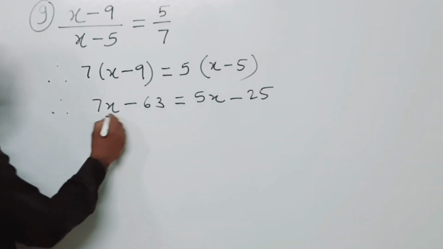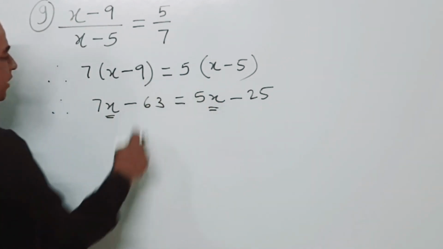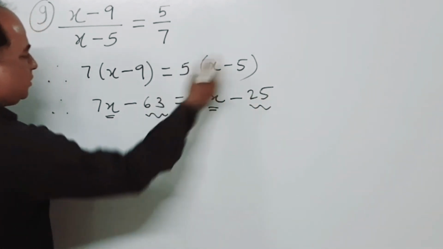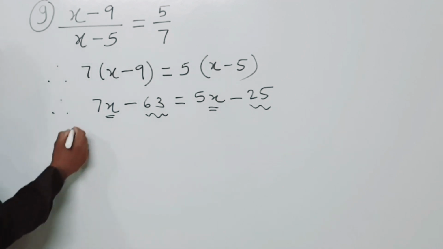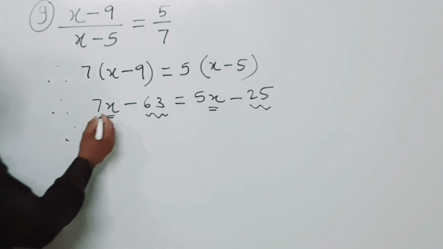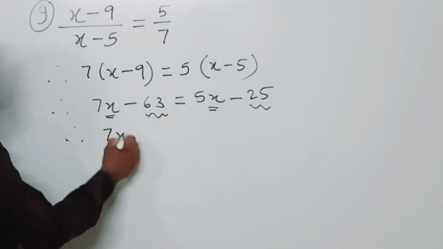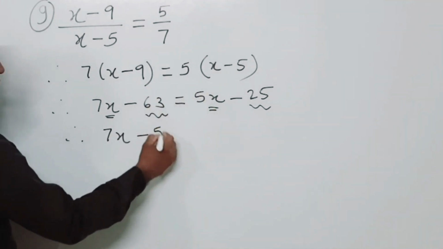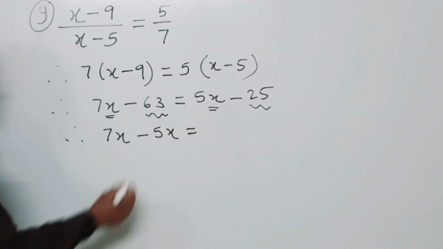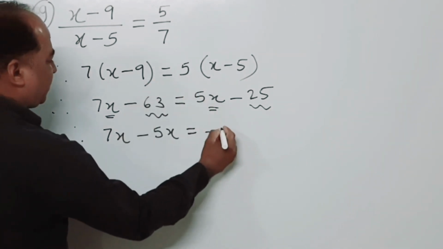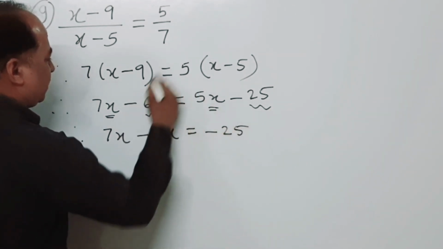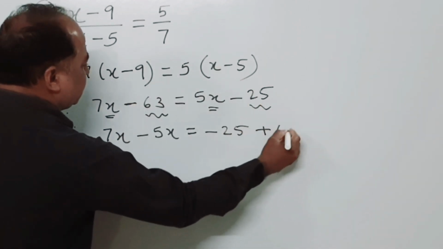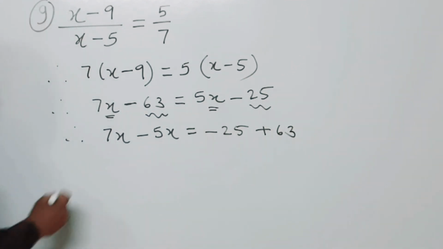Now take the variables on the left hand side of the equality, and take the numbers on the right hand side of the equal to sign. So this 5x will come on the left hand side, so it will become minus 5x, is equal to, and minus 63 will come on the right hand side, it will become plus 63.